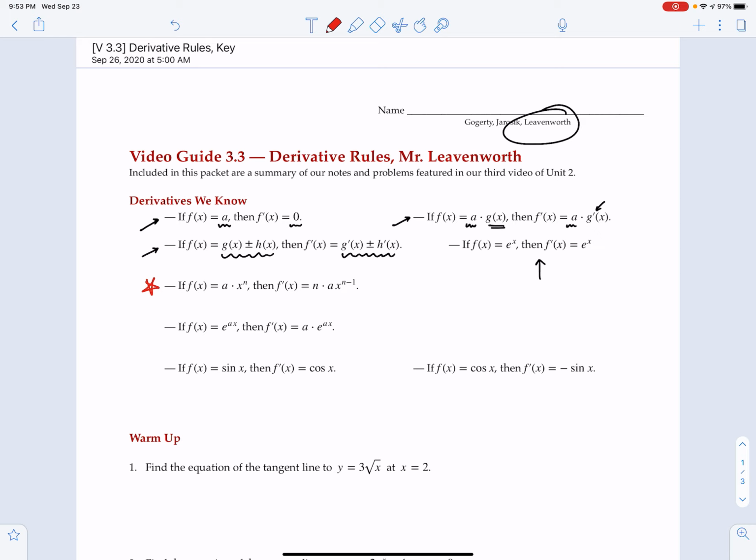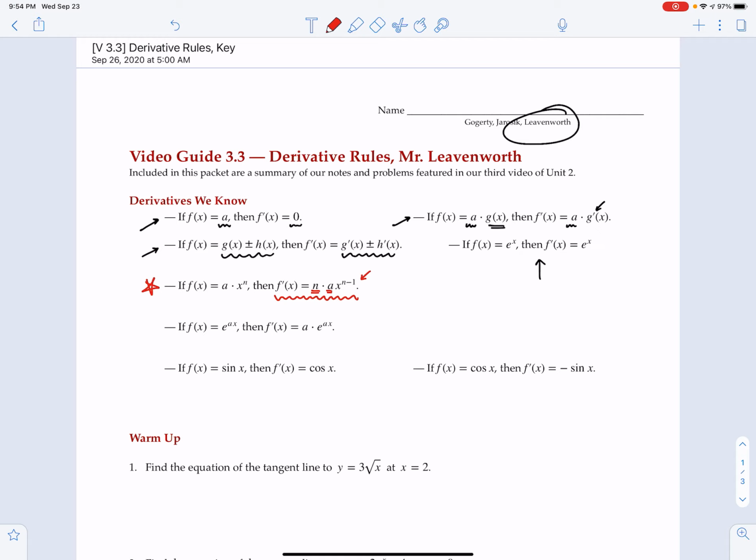Instead of running a limit on those, we can just apply this rule, which basically says we're going to take the original exponent, multiply that by the original constant in front, if there is one, and then just subtract 1 from the exponent to get our new exponent. Each derivative should have one lower degree than the function it came from.